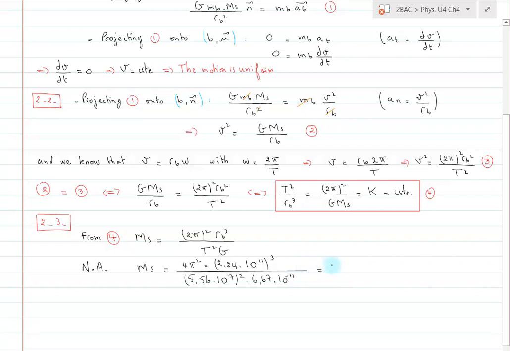Calculating this yields 2.15 times 10 to the power 30 kilograms.